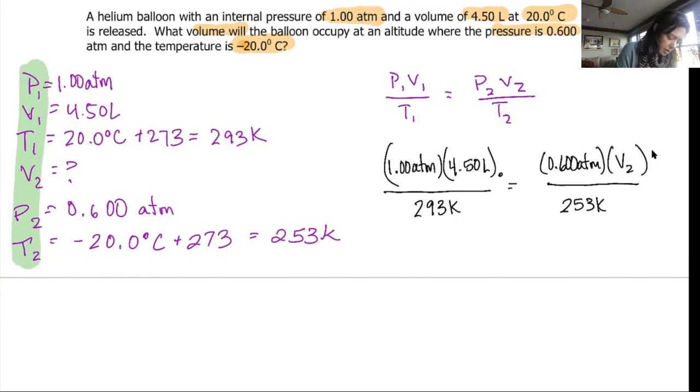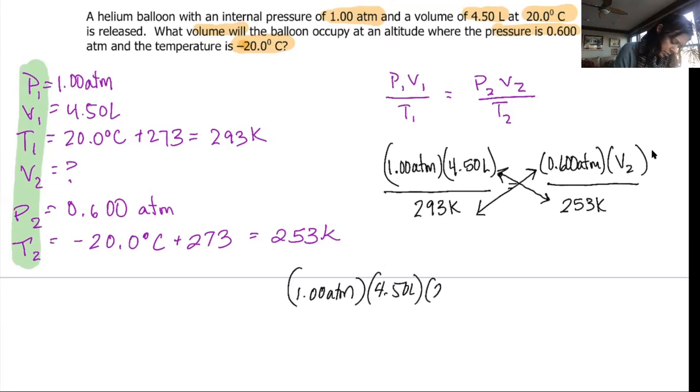So it's going to be this times this is equal to this times this. So 1.00 atmospheres times 4.50 liters times 253 kelvins is equal to 0.600 atmospheres your new volume, and your old temp, right?